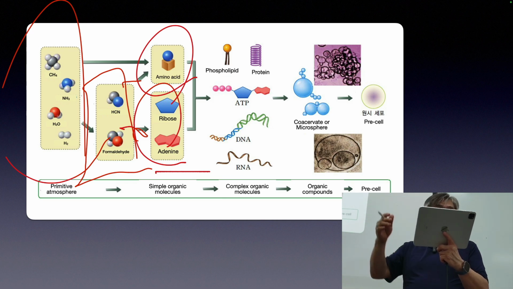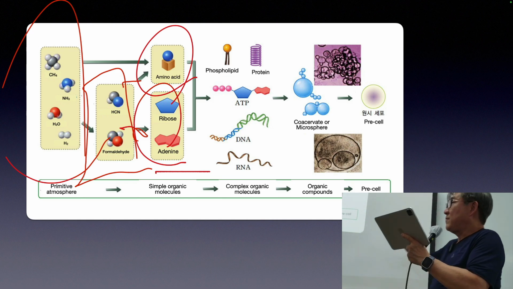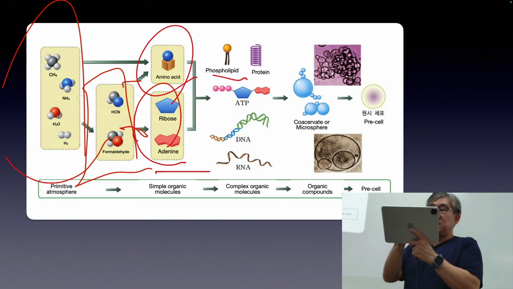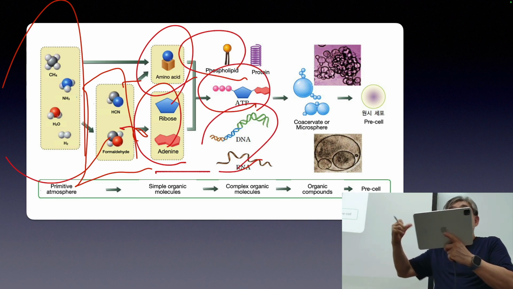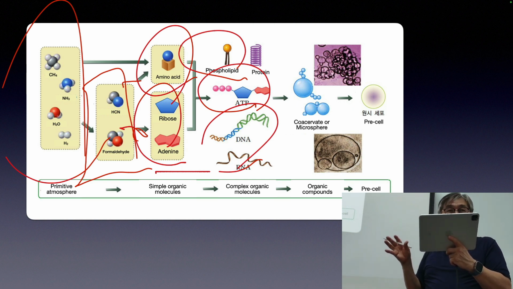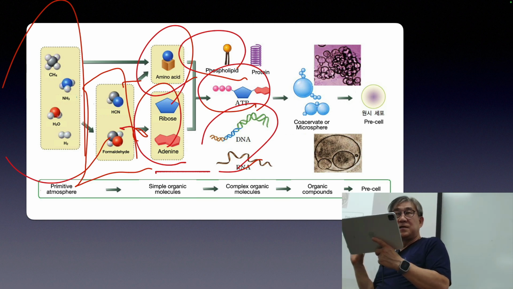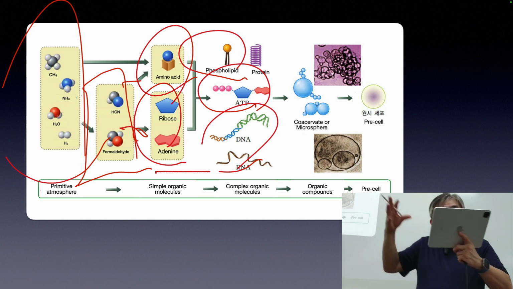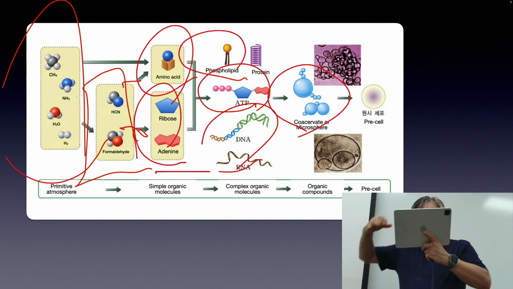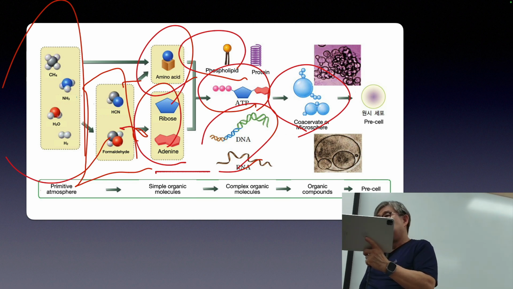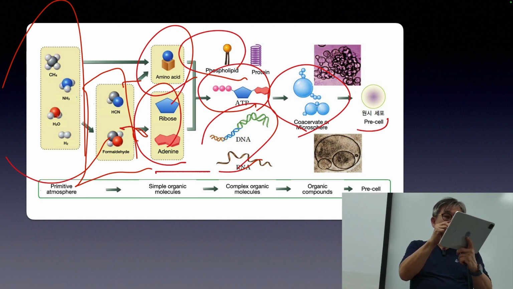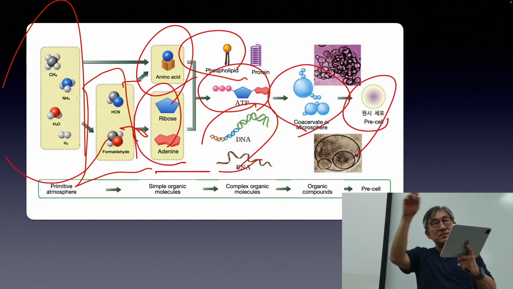And with these ingredients, now more complex molecules like DNA, RNA, protein were able to be built. Then these complex macromolecules were able to gather themselves to form some clump. And spontaneously, there was a boundary like a cell membrane.